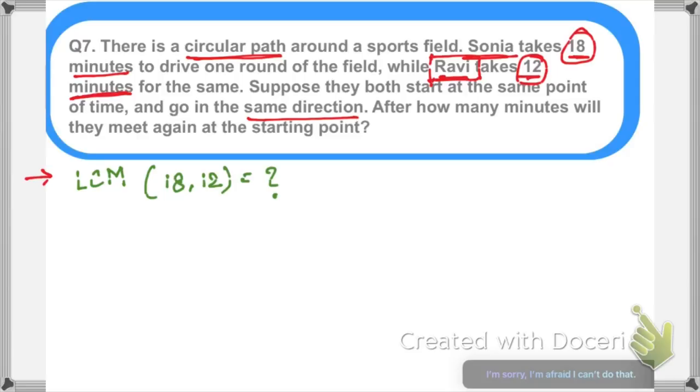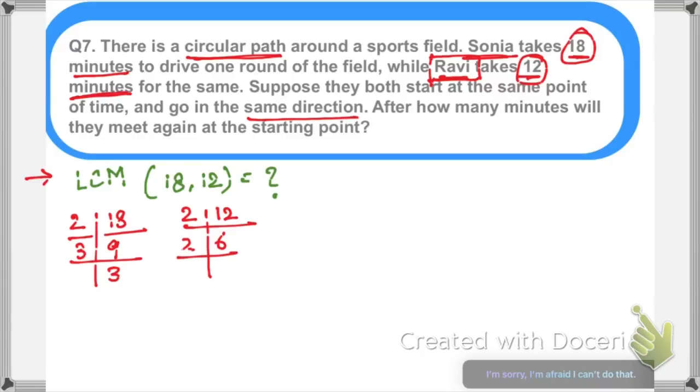Okay, so let's do that. We'll find the LCM by finding the prime factors. 2 9s are 18, 3 3s are 9. The same way for 12, 2 6s are 12, 2 3s are 6.